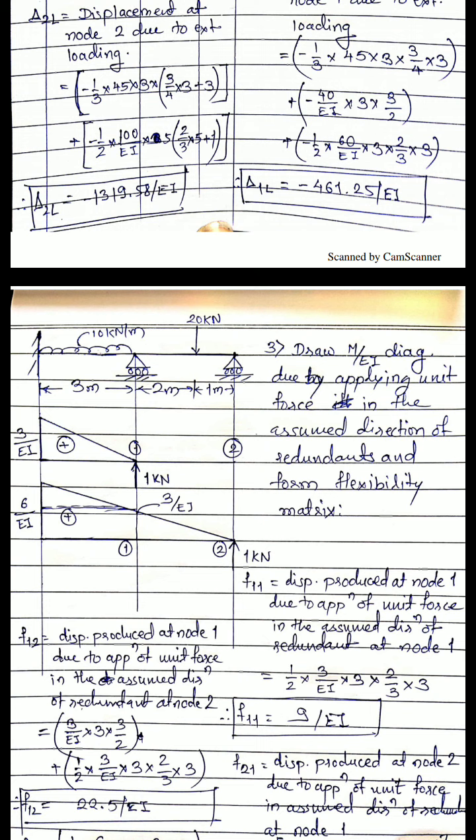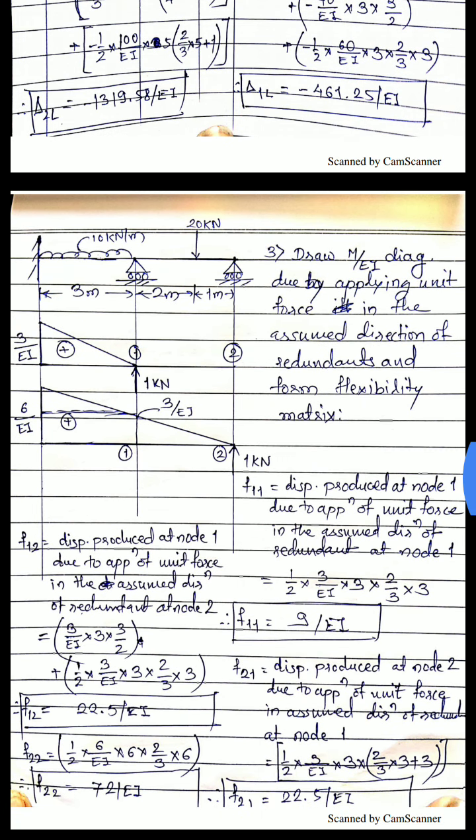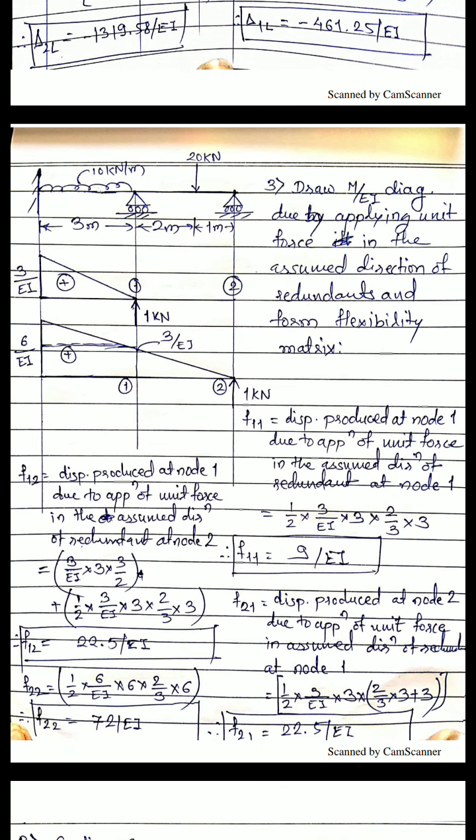Okay, and then if you apply a unit force in the assumed direction of the second redundant, that is RC, you have to apply here 1 kilonewton. You can see in the second figure, 1 kilonewton is applied on RC in the assumed direction of RC. So you will have one triangle with ordinate 6 by EI at point A and 3 by EI at point B. So now with the help of these two figures you have to find the flexibility matrix.